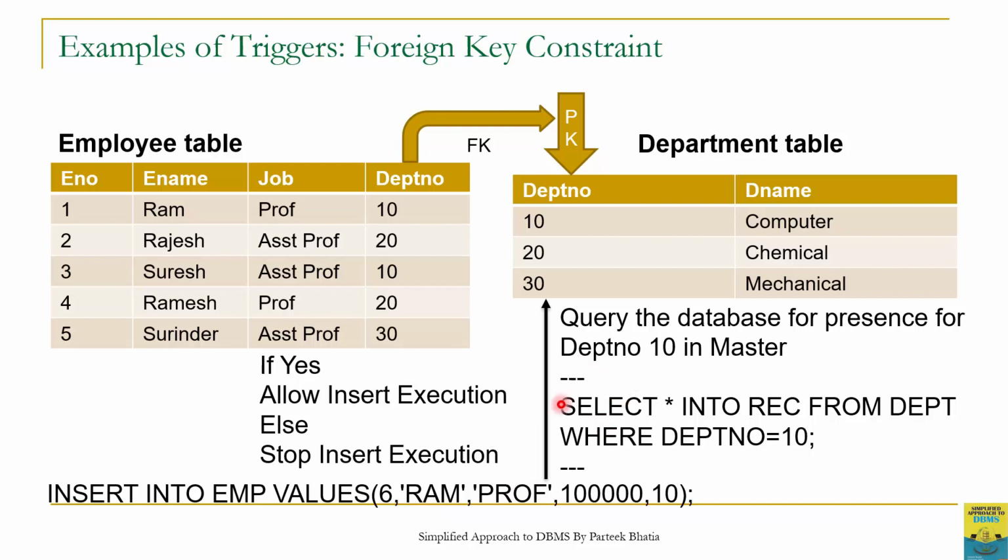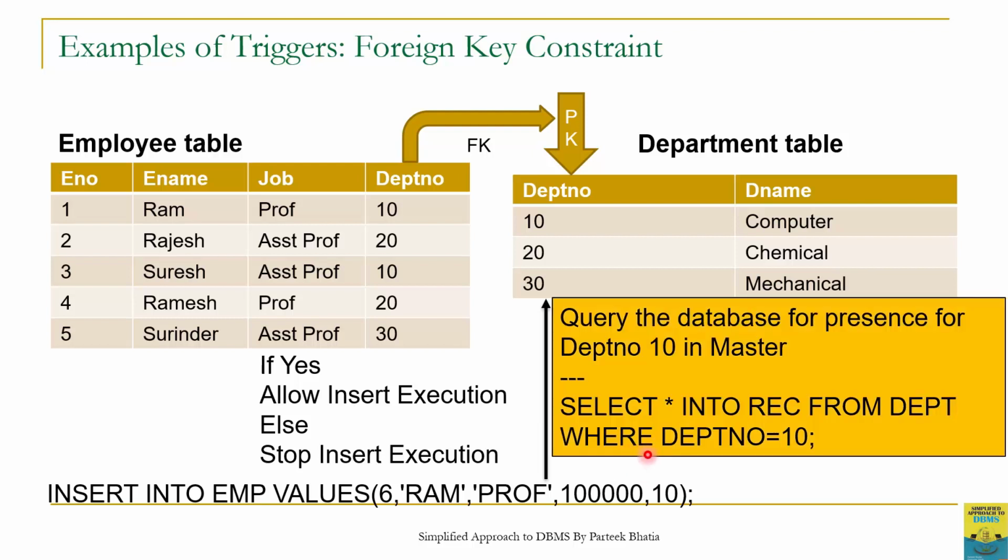So you can see that this is again an oversimplified code to explain the concept. This PL/SQL code will be automatically executed by Oracle whenever we issue this insert statement to enforce the foreign key constraint over department number.